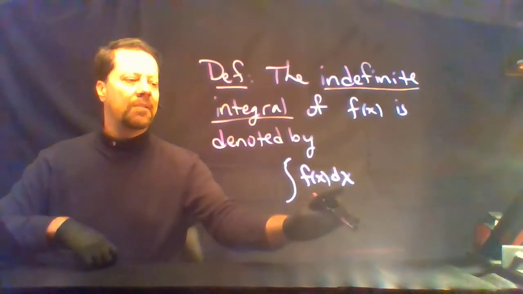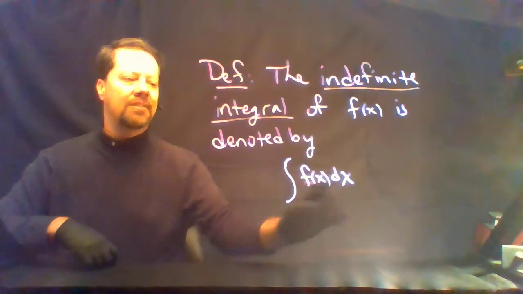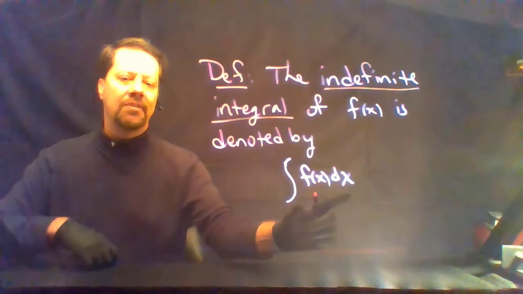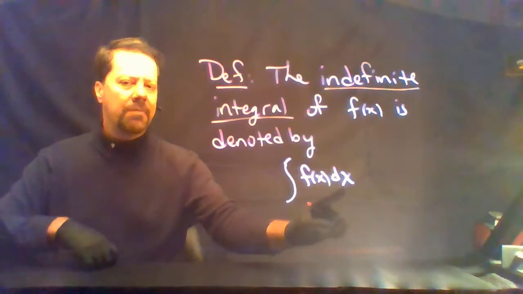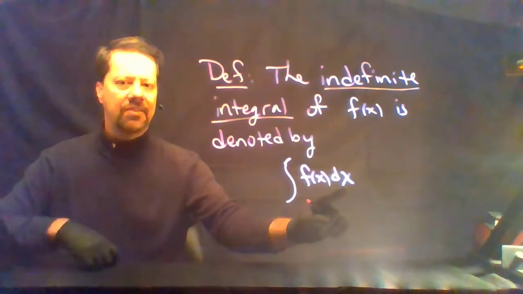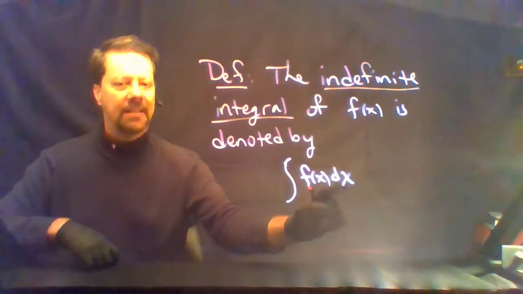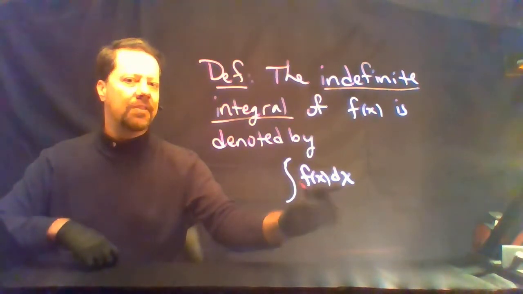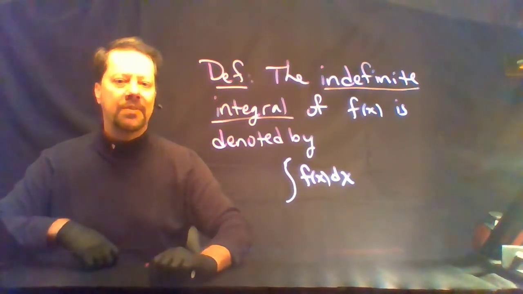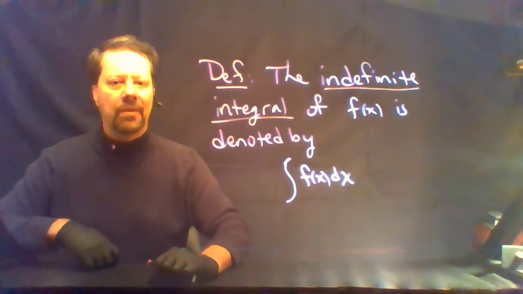The integral symbol and the differential dx are matched pairs. They go together. If you start abusing the notation for dx, it will abuse you back. Be careful with this notation. It has an important purpose that we will explain later in the course.